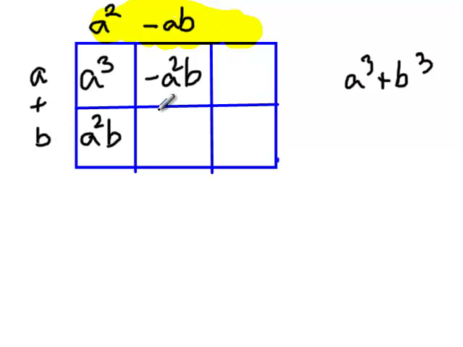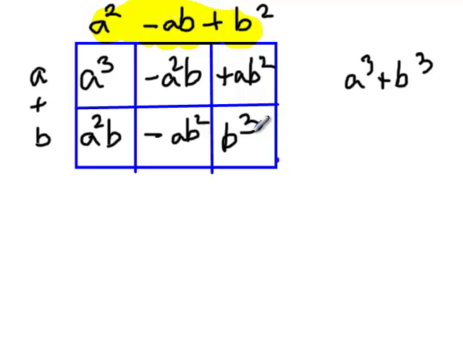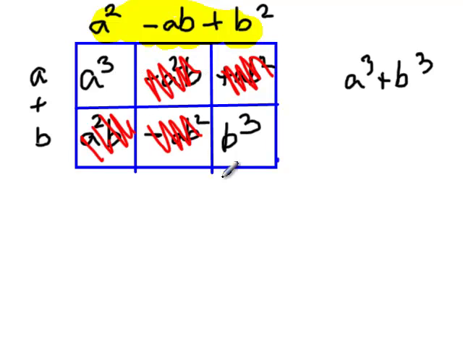Now let's multiply that out here, so we get a negative ab squared. Don't want that negative ab squared, so let's put in a plus ab squared. What times a is going to give us ab squared? A b squared. B squared times b squared is b cubed. So what we've done is we've cancelled out the middle terms, and we've got a cubed plus b cubed, which is what we want.